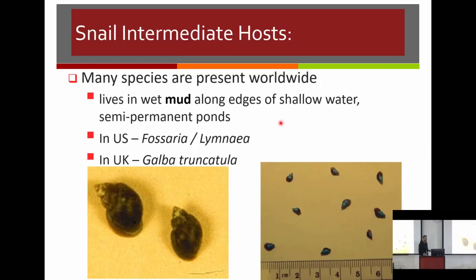So which species are present worldwide? These snails normally like muddy areas and semi-permanent ponds, and the most important species is Lymnaea bulimoides in the USA, and in the UK, Galba truncatula is the most important snail species.